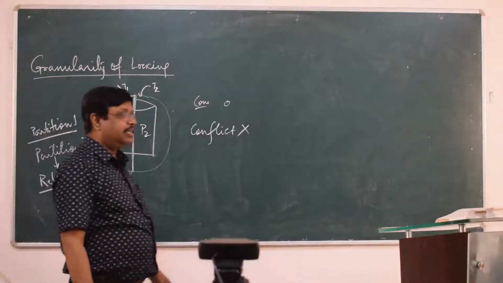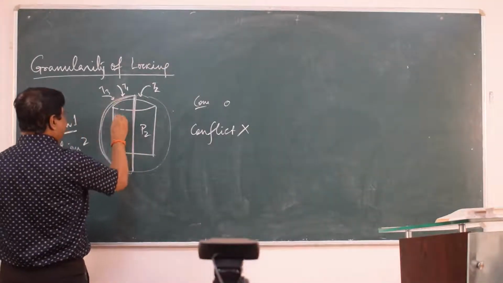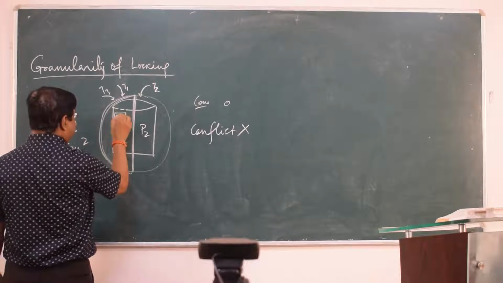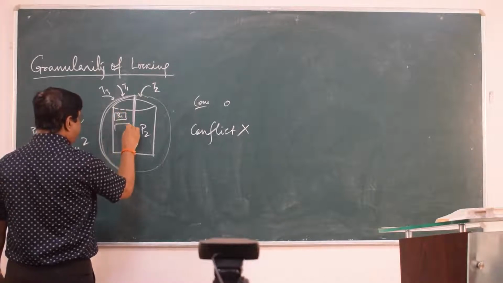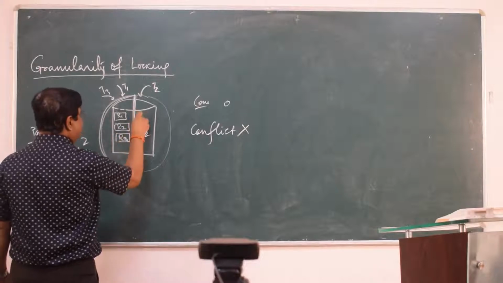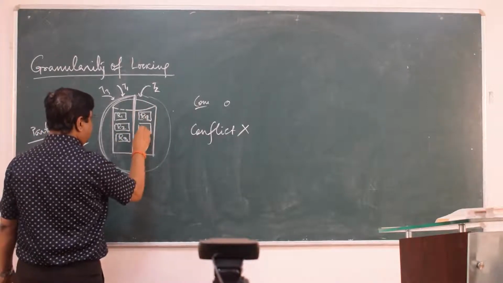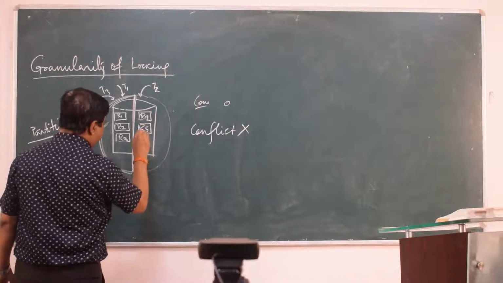We can lock relations, means tables. A particular partition might have a number of relations, say R1, R2, R3, R4, R5 and so on.